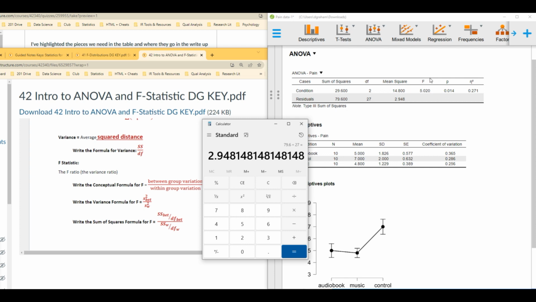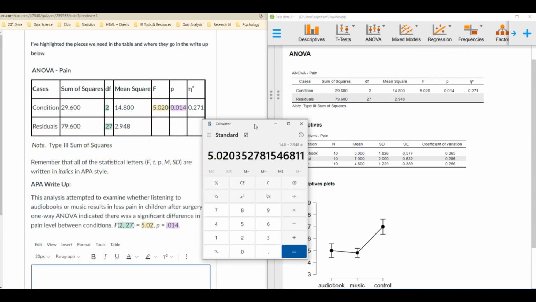And then our overall F ratio is mean square between over mean square error within. Okay, so we're going to take our 14.8 and divide by the 2.948, and we get our F value of 5.02. So again, we don't need all of these. They're used in the calculation of F. And again, that F is based on these degrees of freedom. Okay, so just to connect some of those pieces there.